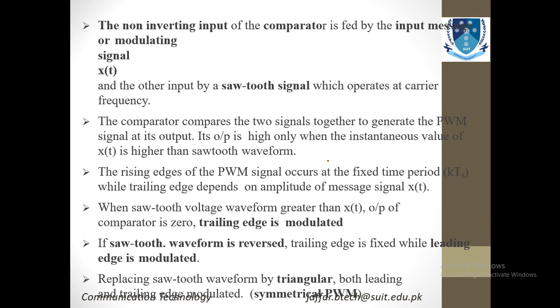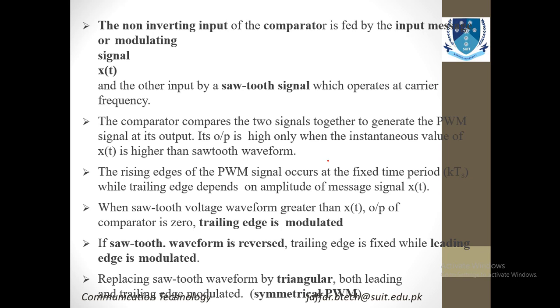So the non-inverting input of a comparator is fed the input message signal or modulating signal x(t), and the other input by a sawtooth signal which operates at the carrier frequency. The comparator compares the two signals together to generate the PWM signal at its output. Normally the output is high only when the instantaneous value of the input signal x(t) is higher than the sawtooth waveform.